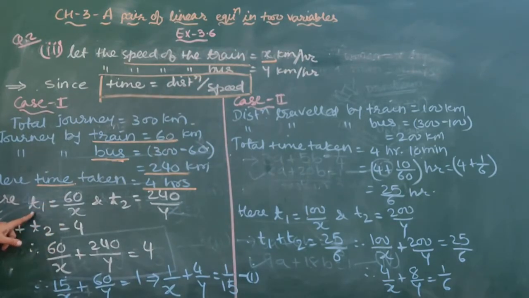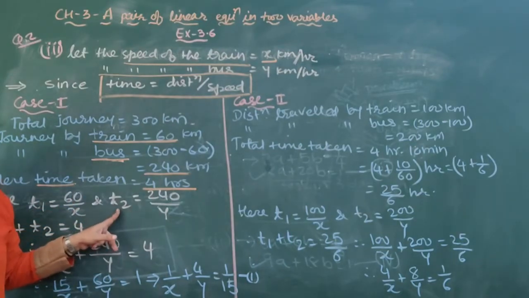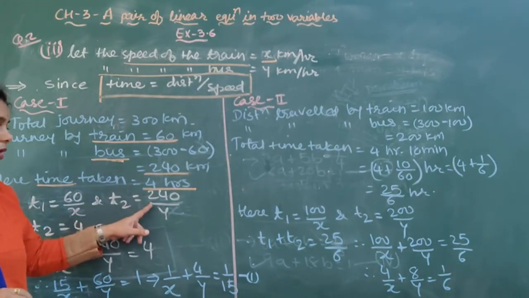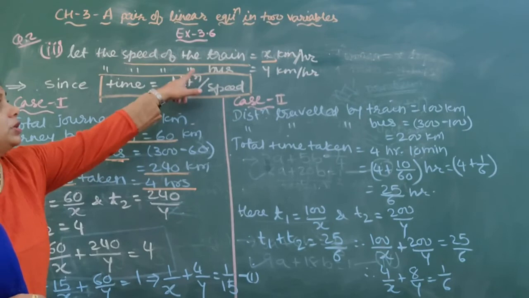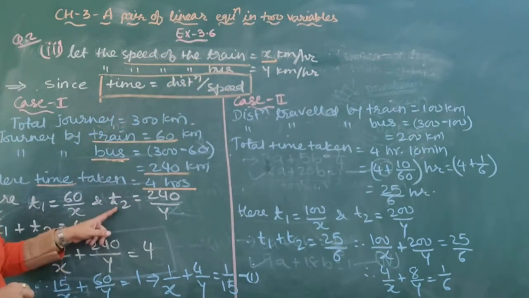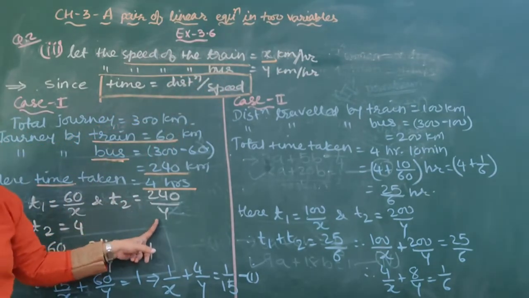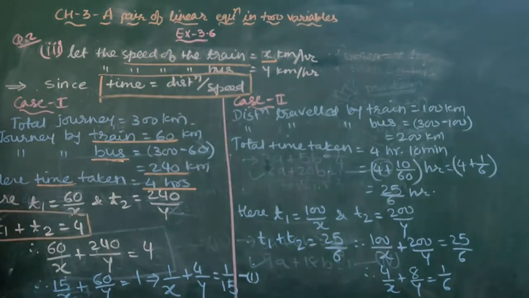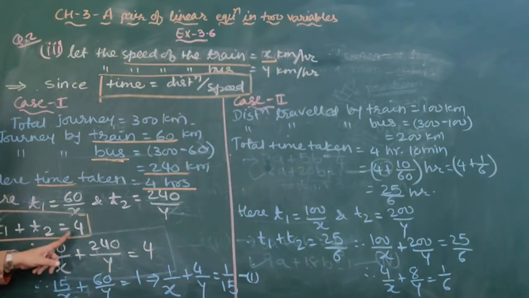Again I tell you, T1 is the time related to the train. T2, time related to the bus. As she travelled 240 km by bus and its speed is y kilometer per hour, we already assumed, therefore T2 is 240 by y. The total time she required to reach is 4 hours. And therefore T1 plus T2 is equal to 4.